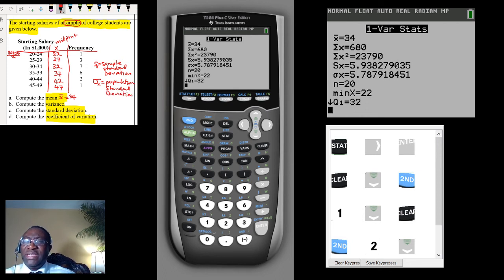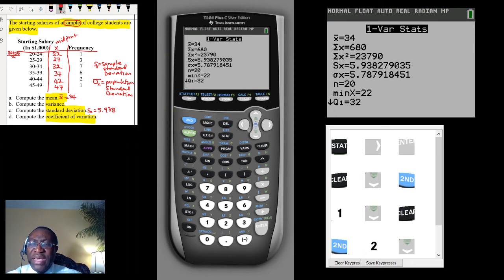So in this specific problem we are interested in the sample standard deviation. Based on what we have, Sx is 5.938. It's good practice to keep 3 decimal places.